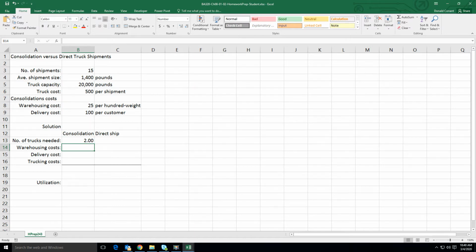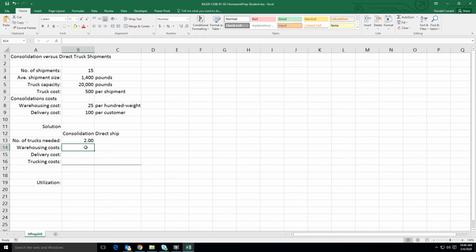Now to calculate the warehouse costs, I'm going to take the number of shipments. I have 15 of them at 1,400 pounds apiece. And I'm going to go ahead and multiply that times $25 per hundredweight, but because it's per hundredweight, I need then to divide by 100 to find out how much per pound.